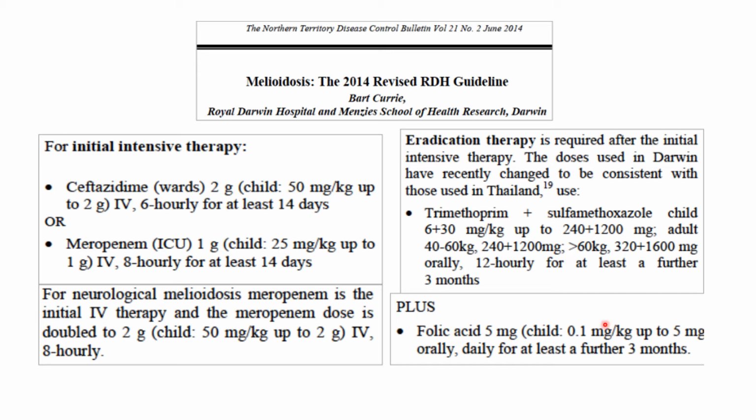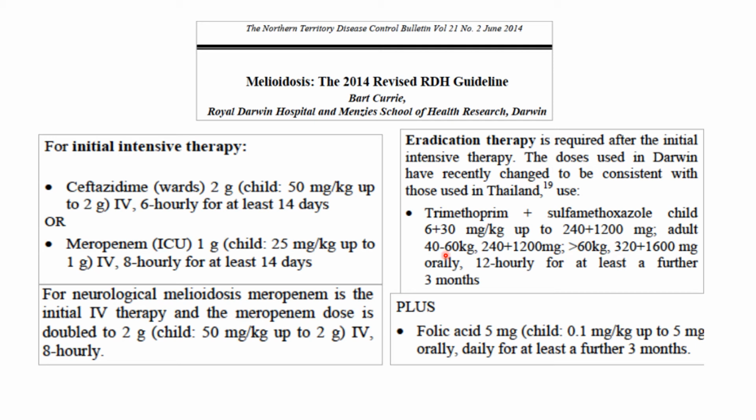The other thing that I want to bring your focus to is the eradication therapy. Usually it's required after the intensive phase. The doses used have been standardized to be consistent with those used in Thailand, because Thailand showed pretty good outcomes using this dose of trimethoprim and sulfamethoxazole.